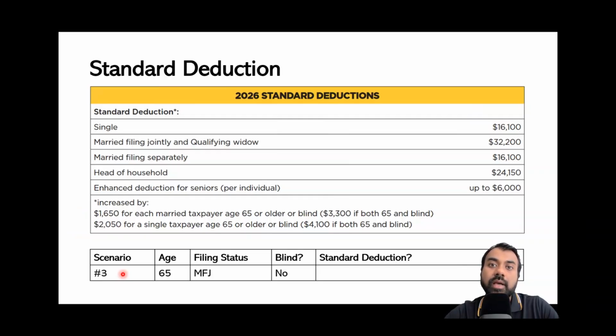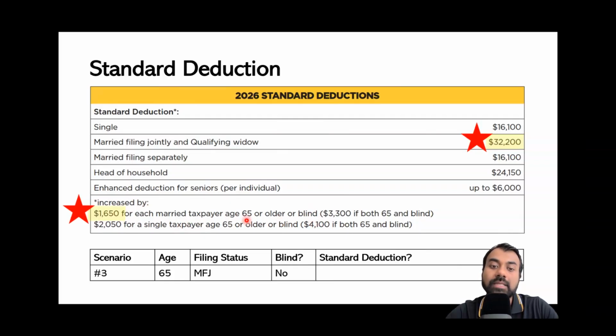Now let's look at our scenario 3. Here we are thinking about a couple, and they are married filing jointly. So here we are assuming that both of them are 65. And then maybe the question does not give us any information on their blindness, so we are just going to assume that they are not blind. So we look at two different places in the table. First, for married filing jointly and also for qualifying widows, the regular standard deduction is $32,200. And then at the bottom, it says increased by $1,650 for each married taxpayer age 65 or older or blind.